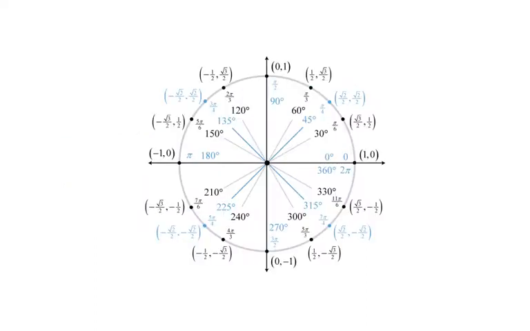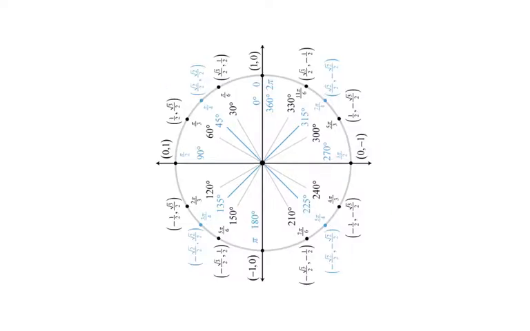Now, I just want to talk about how these two identities make sense in terms of the unit circle. So if we start with our angle theta, and we increase our theta by pi over 2, we can think of that as rotating our unit circle in the positive direction by pi over 2.